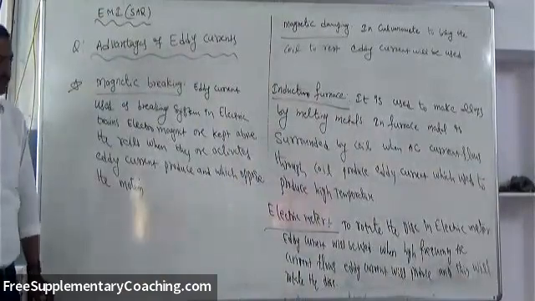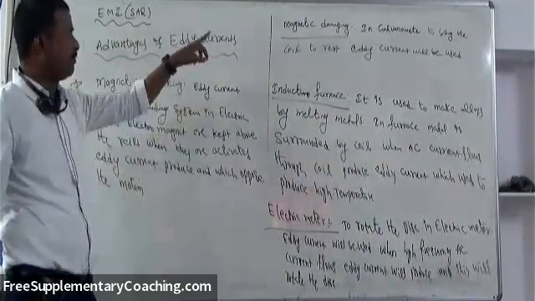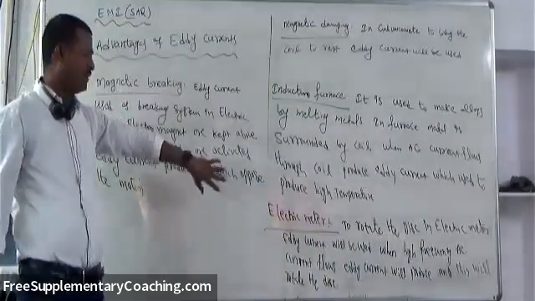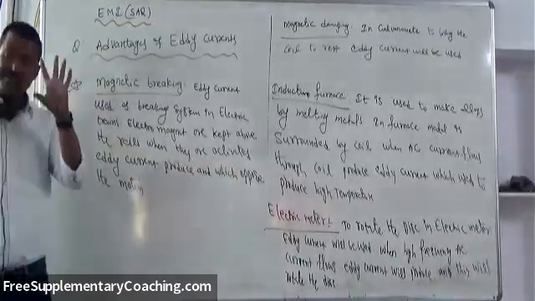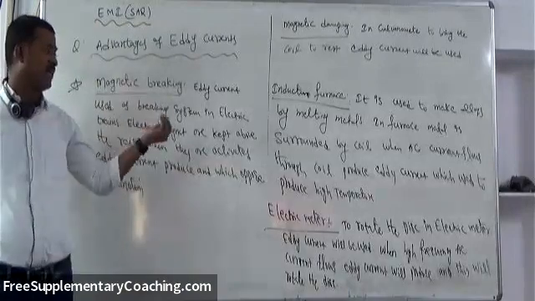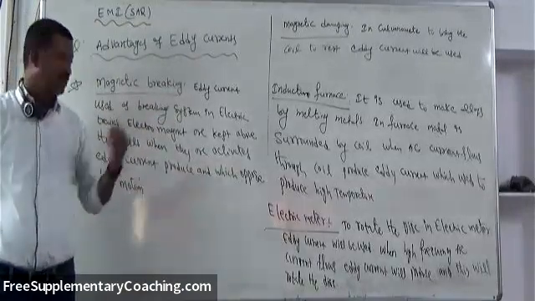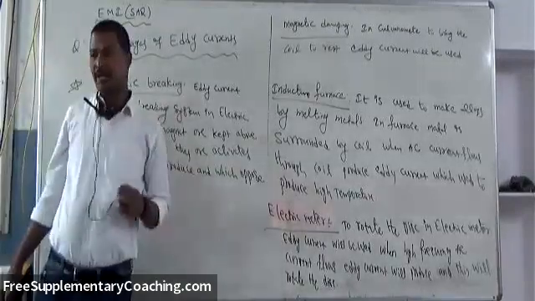Clear now? So the advantages of eddy current: magnetic braking system, magnetic damping, induction furnace, electric meter. These are the four main advantages we have. Briefly write 2-3 lines on each advantage. Then this is the complete answer for advantages of eddy current.